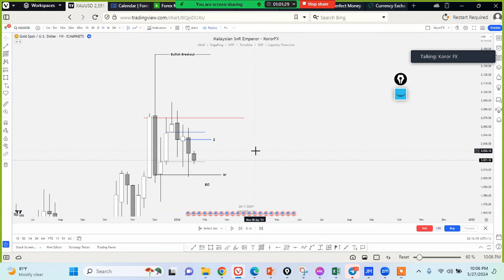Most of you trade from the 4 hour storyline, if you want a storyline that will pay you daily. For example, you mastered Malaysian SNR, you learned everything, then go to a lower time frame and you can get multiple storylines. How many setups can you get during the day? A lot of setups.